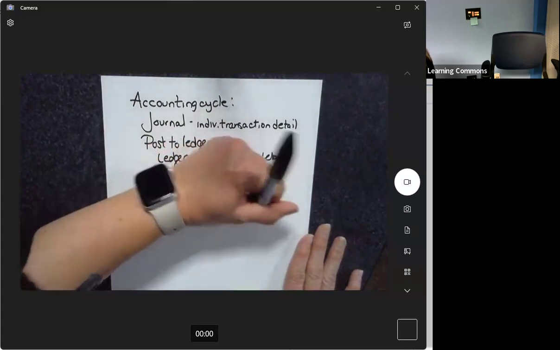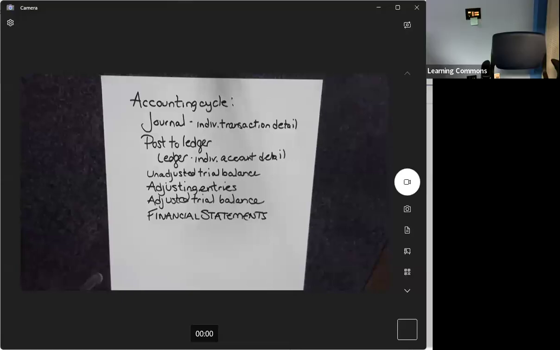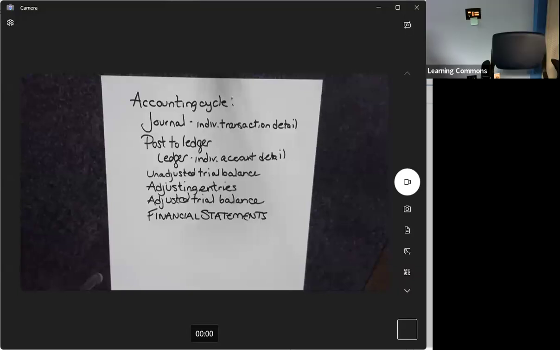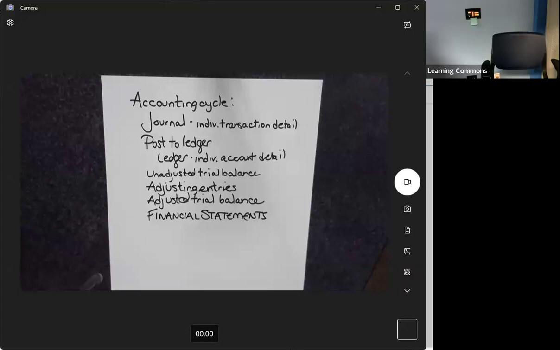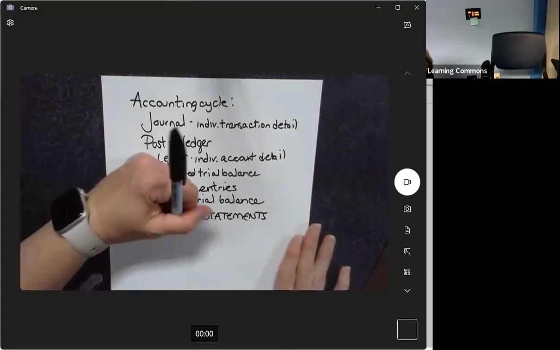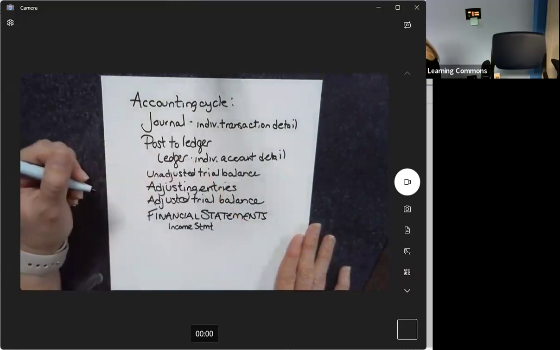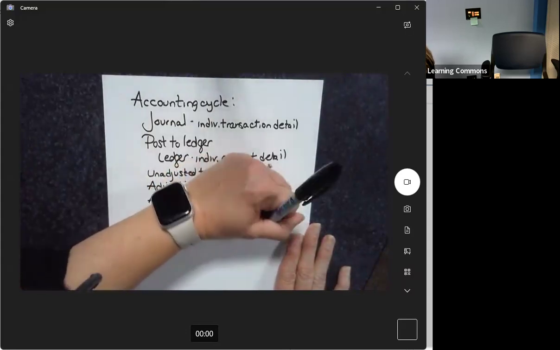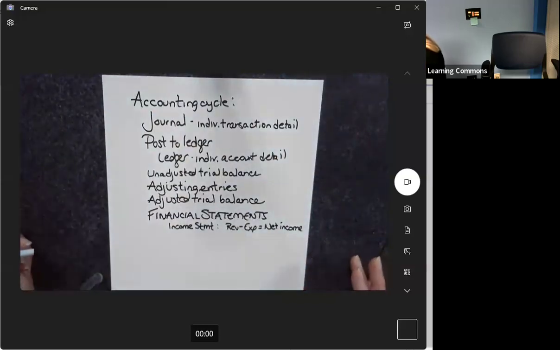Because remember, since day one, we've talked about that the financial statements are the ultimate goal of the financial accounting process, because that's what we're going to be providing to those investors and creditors and other people outside our business that want to know what's going on. Remember, we do the income statement first. For the income statement, we take revenues minus expenses to get us to our net income.